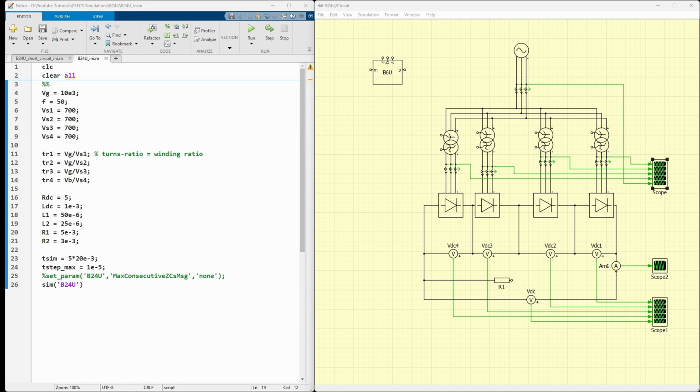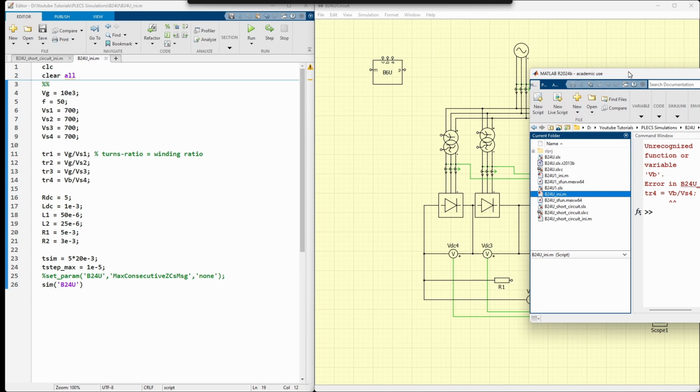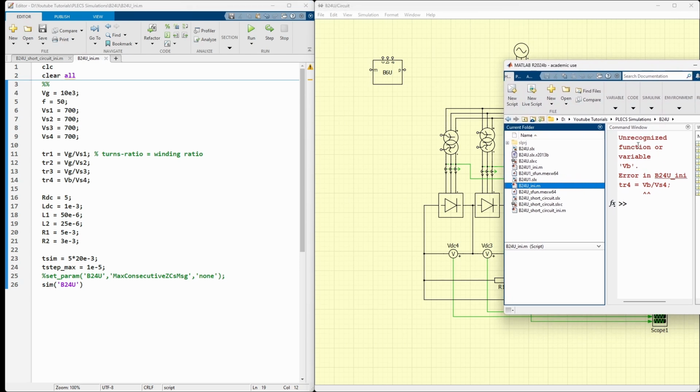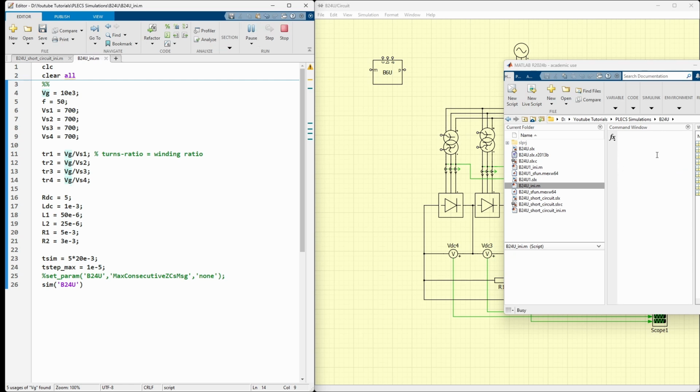It seems we have an error here. It's an unrecognized function variable VB. That means here is the mistake, line number 14. It should be VG. If we rerun, there seems to be no problem.